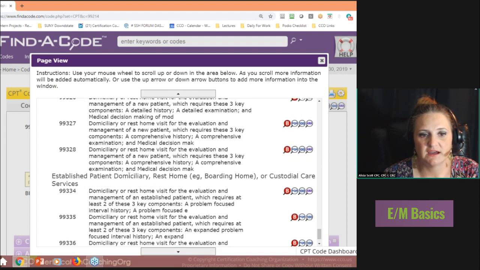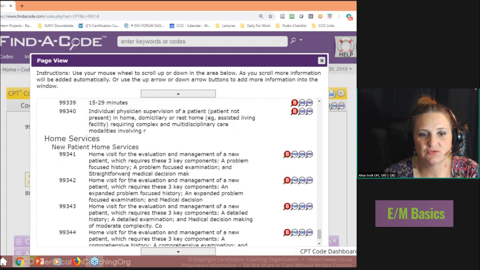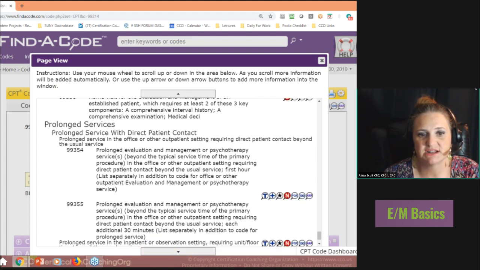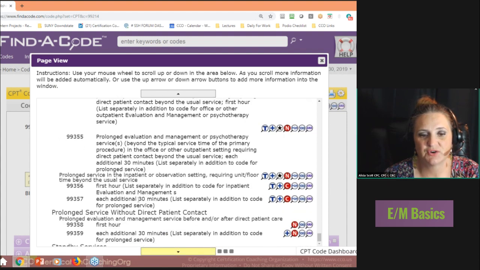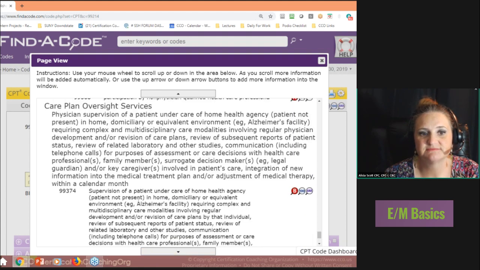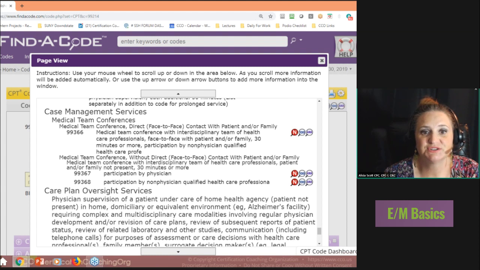And then let's see, let's jump down to some other things. Prolonged services that I mentioned before. And again, they are based on typical service time for a primary procedure. And then there's several other codes that you can use for that. Case management services. Well, looky here. There's only two codes.